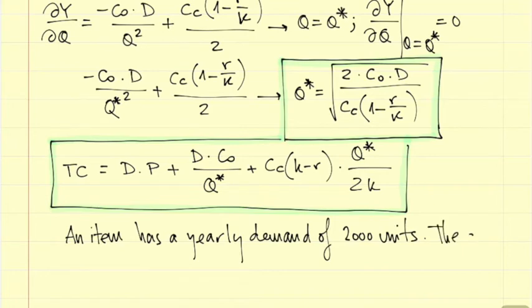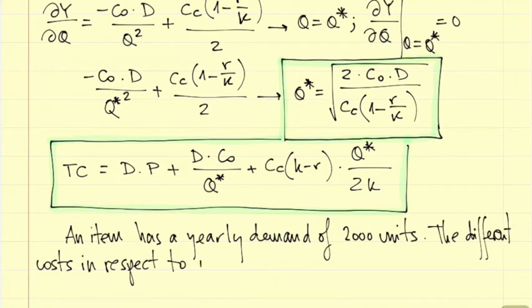Demand is known, the different costs with respect to make or buy are as follows.